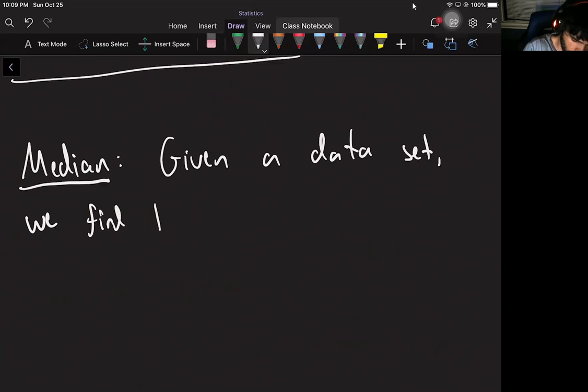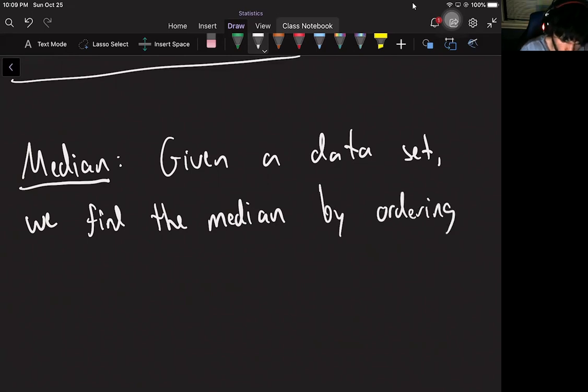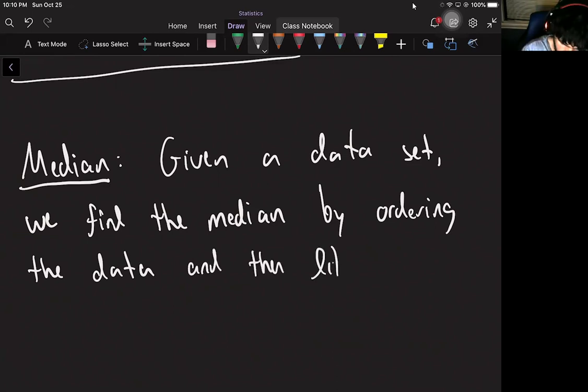So we find the median by doing this other process, which is a little less mathy, sort of seemingly. We just order everything. So we put the data in order. And then you literally just pick the middle one.